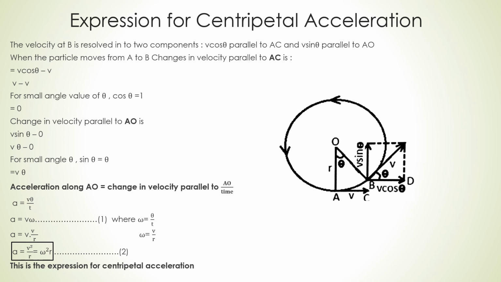Solving it, a is equal to v square by r, which is omega square r. We consider this as equation 2. So this is the expression for the centripetal acceleration. So a is equal to omega square r is the centripetal acceleration.